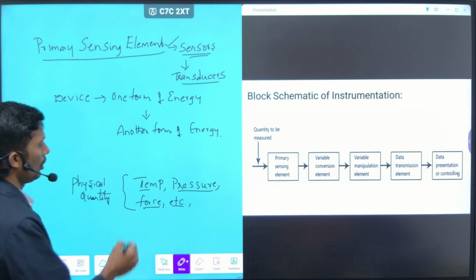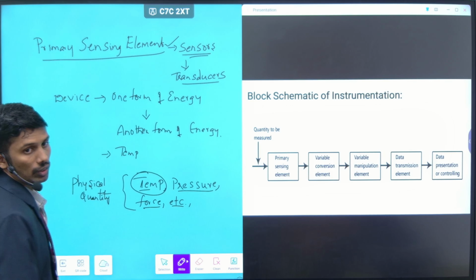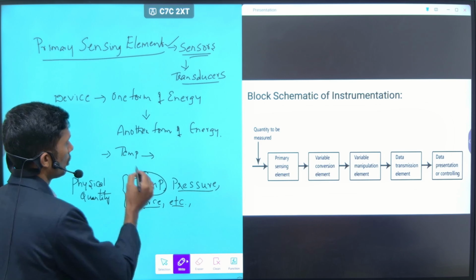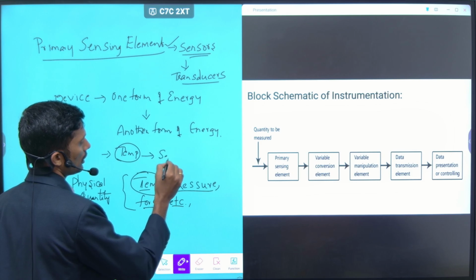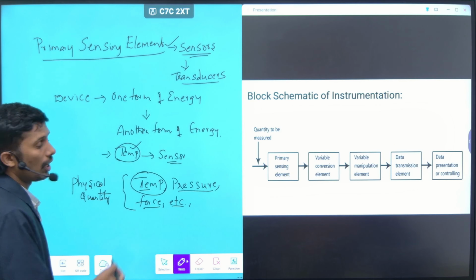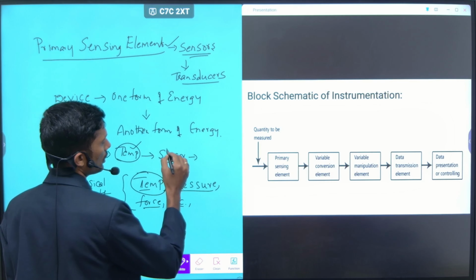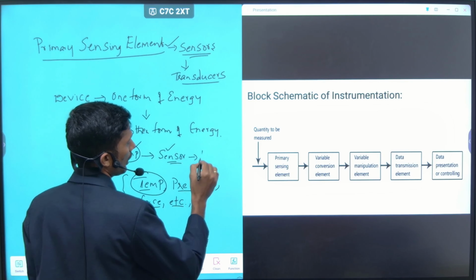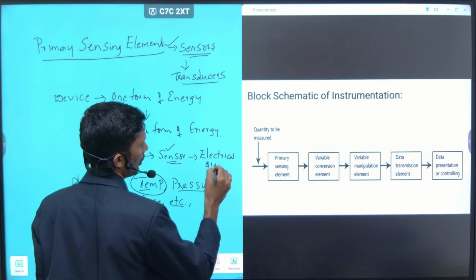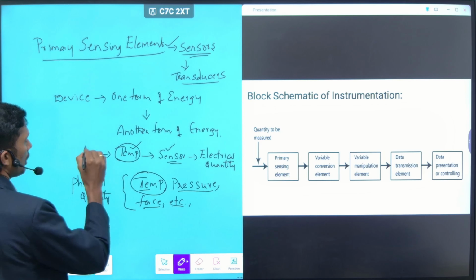So for example, you can measure a physical parameter such as temperature. How can we measure the temperature in a room? For that we can use a temperature sensor. This sensor senses the temperature value of the particular room.